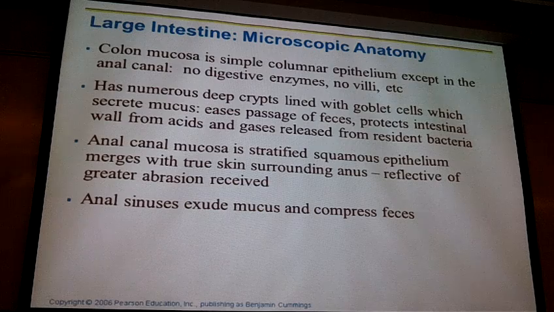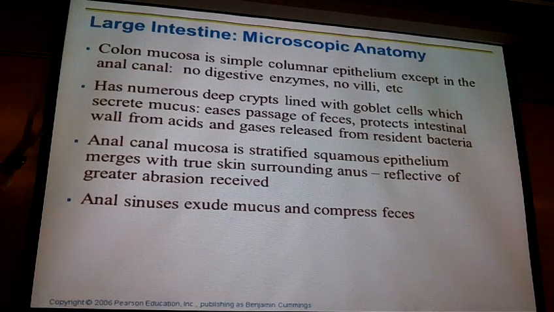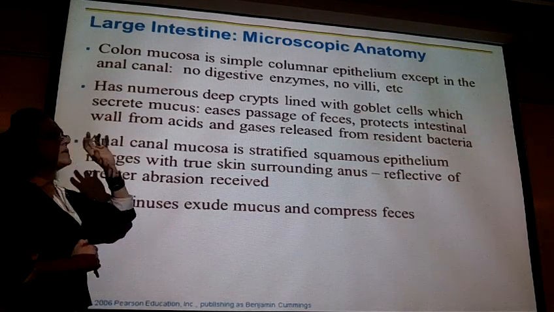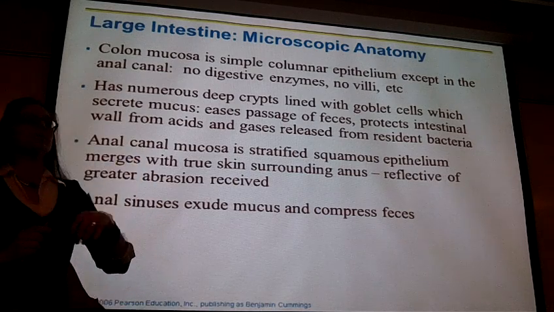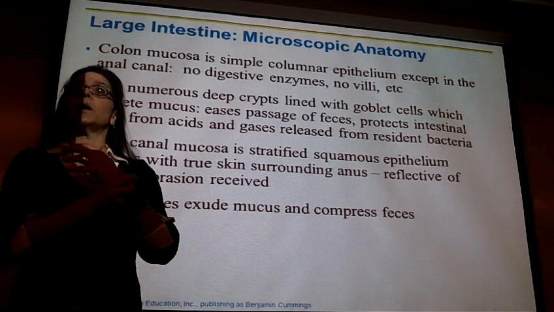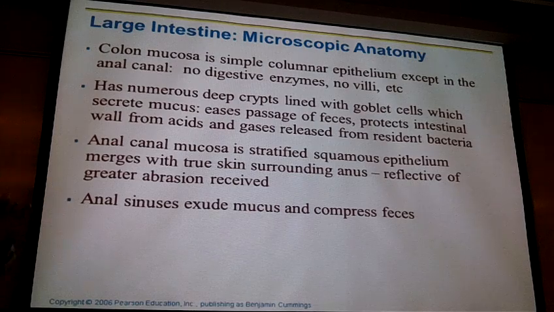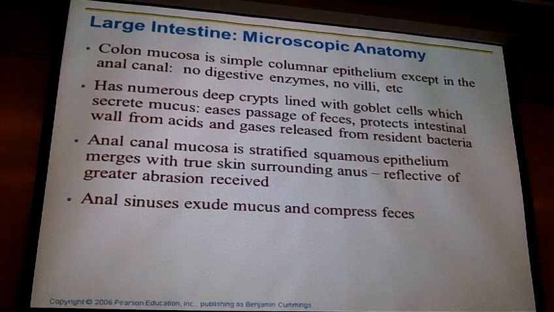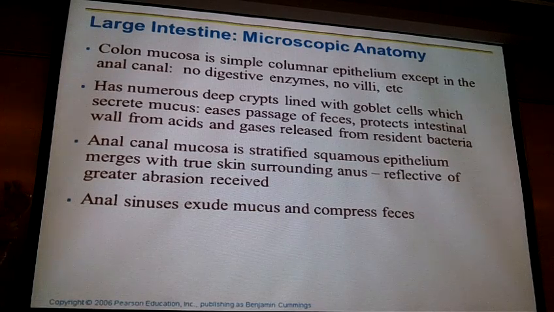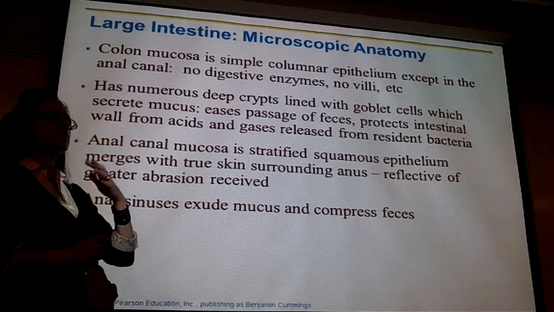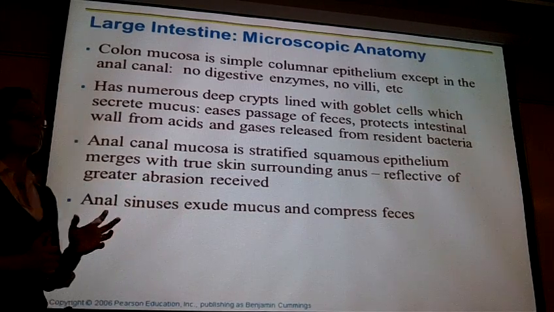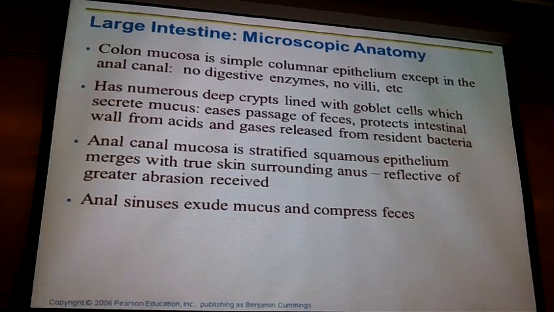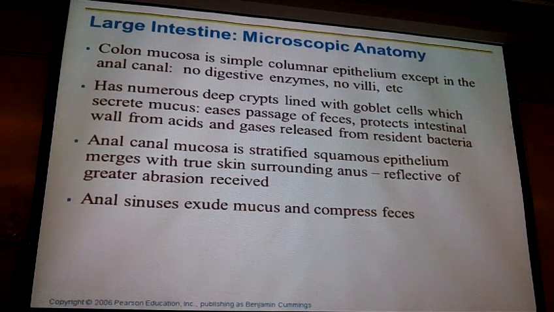Now, embedded in that epithelia, we're not going to have any cells or glands releasing enzymes because we're not doing any chemical digestion, because we're not absorbing very much, a little bit, but not very much. We're not going to need to increase surface area, so we're not going to have microvilli or anything like that. So in that respect, no real special adaptations of that mucosal tunic.